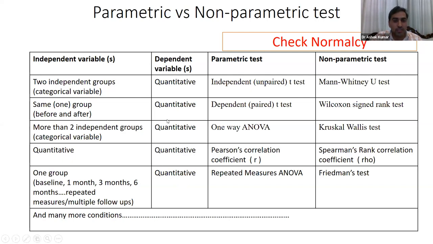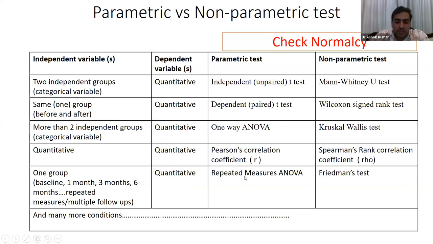In these conditions, dependent variable is quantitative in nature, and independent variable is changing. Two groups, same group pre-post, more than two independent groups, quantitative, okay, in nature, and one group, pre-post, post 1, post 2, post 3, repeated measures.